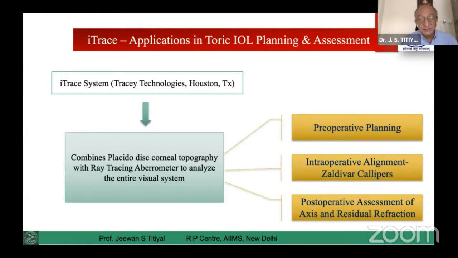This is nicely explained by Chintan: the topographer as well as the wavefront analysis gives you an advantage in toric IOLs in terms of pre-op planning of a lens. As Dr. Arun talked about, there is intraoperative assessment of your alignment by Zaldivar caliper, and most importantly, the toric assessment after surgery is the most important application of this iTrace tool.